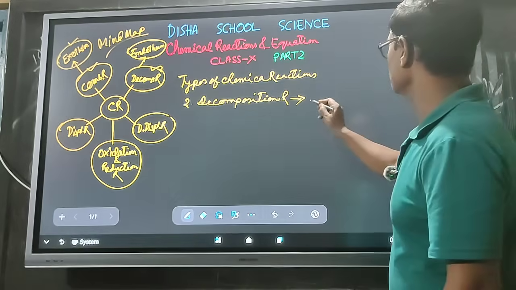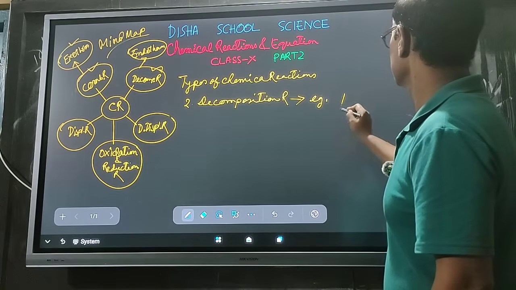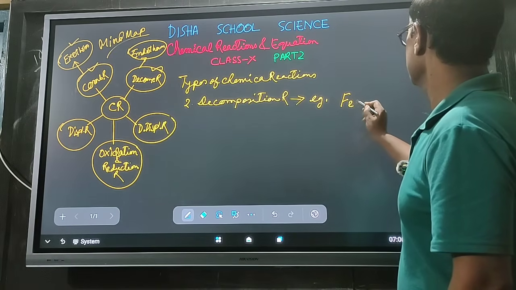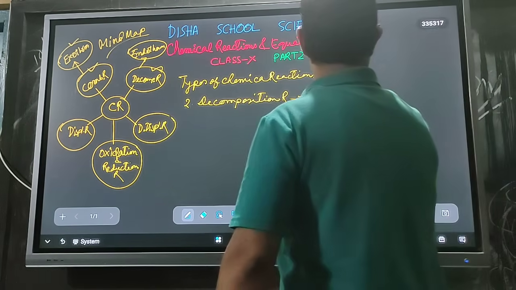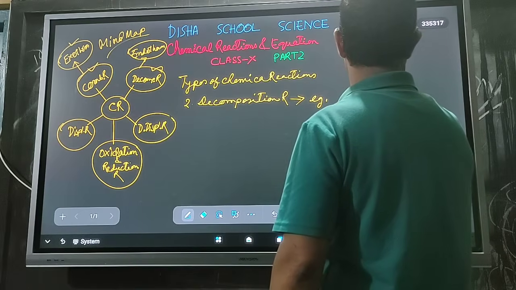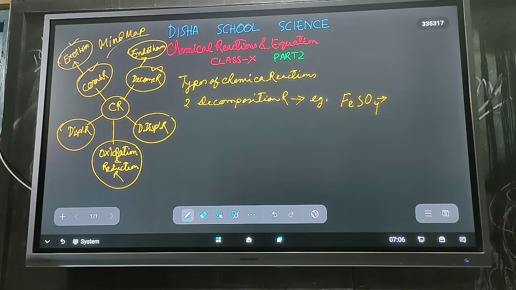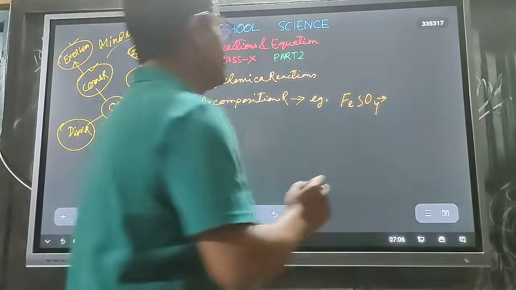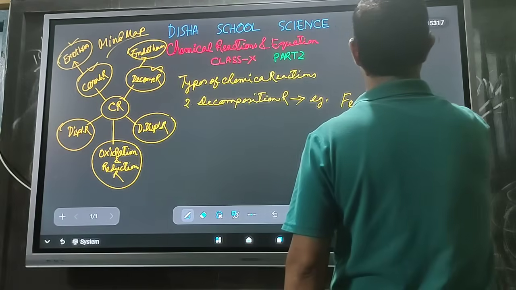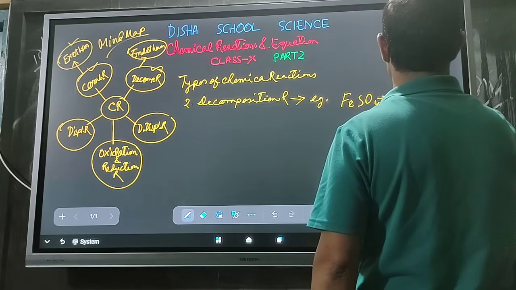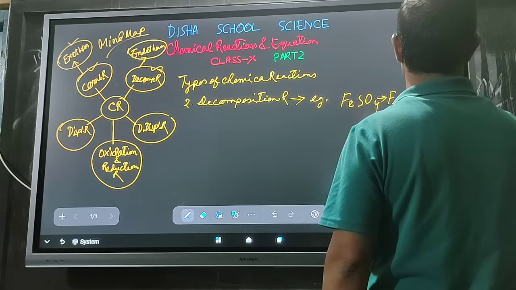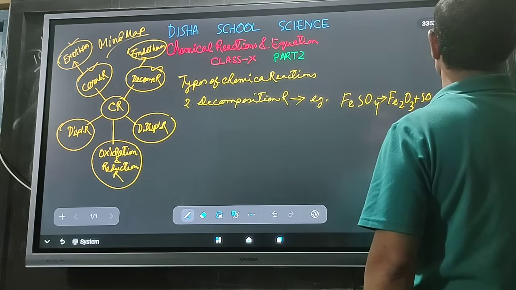So, for example, FeSO4. In case of FeSO4, what happens? It forms Fe2O3, SO2 and SO3.